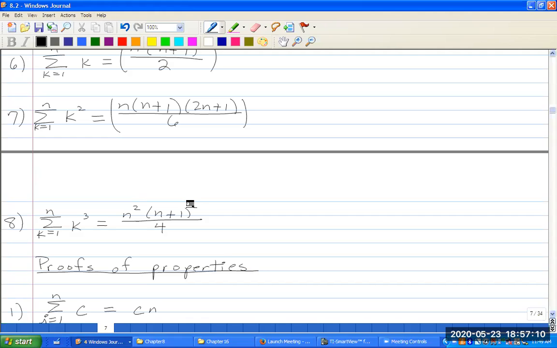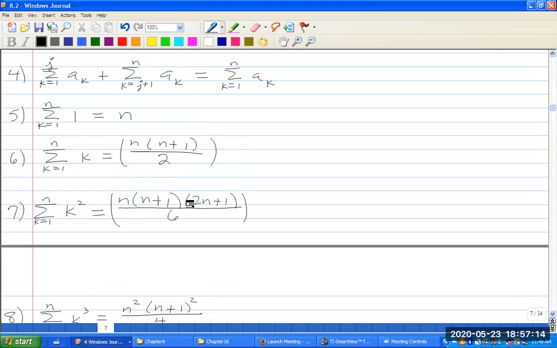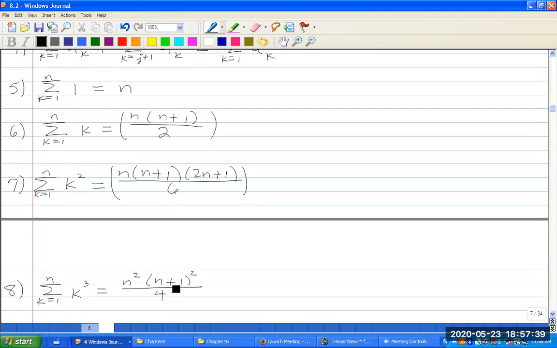You notice that this is a polynomial in k of degree 0. You get a polynomial in n of degree 1, and this is a polynomial in k of degree 1. You get a polynomial in n of degree 2, k of degree 2, n of degree 3, k of degree 3, n of degree 4.